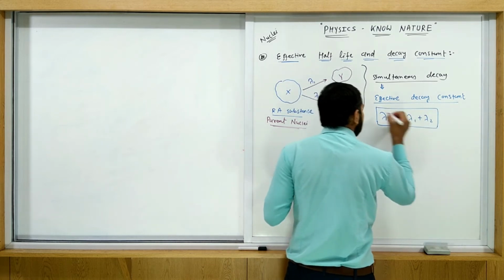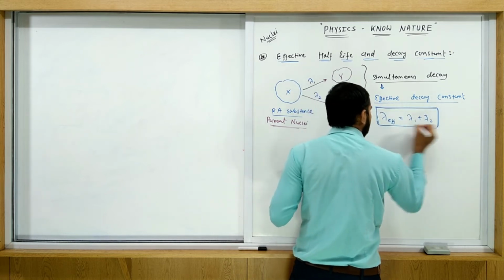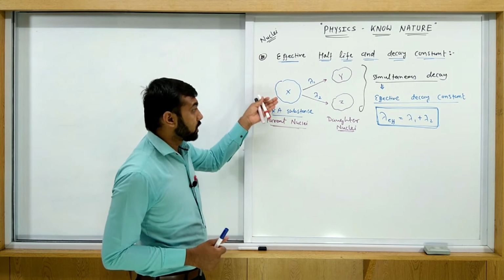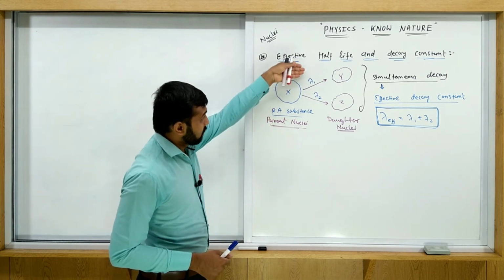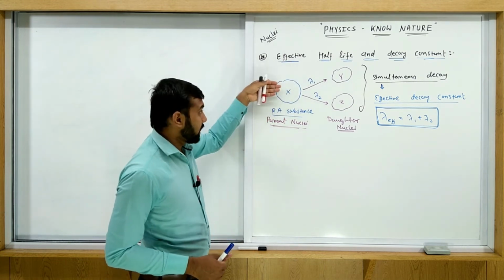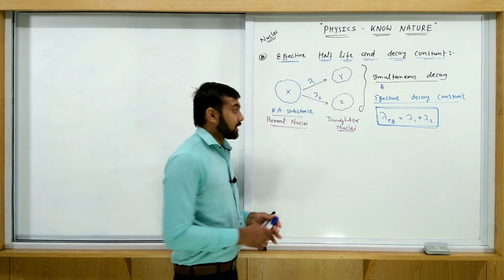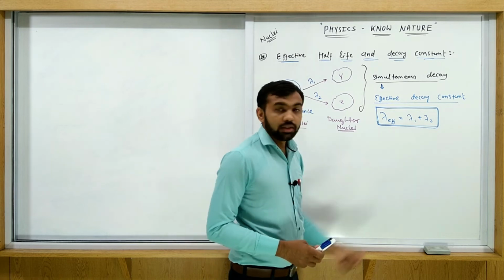All of you guys note this relation. The effective decay constant is given by lambda 1 plus lambda 2 when x decays into y and z simultaneously. So this one is the effective one.